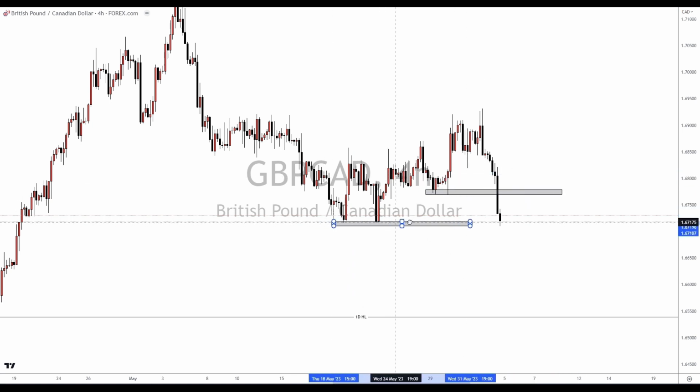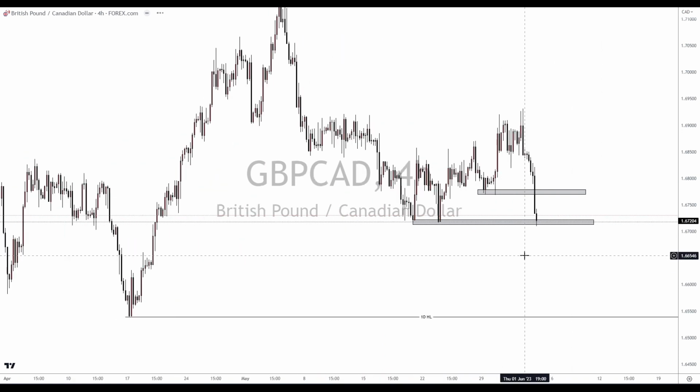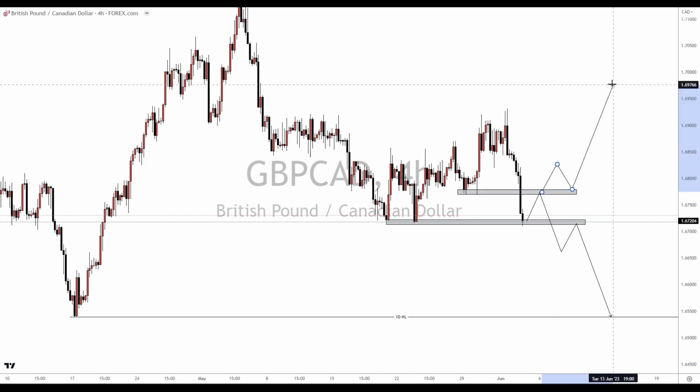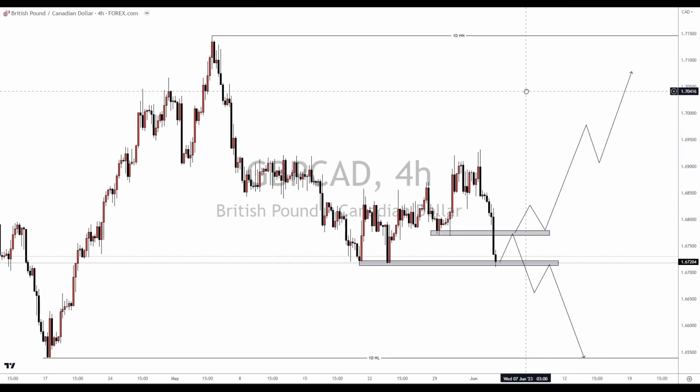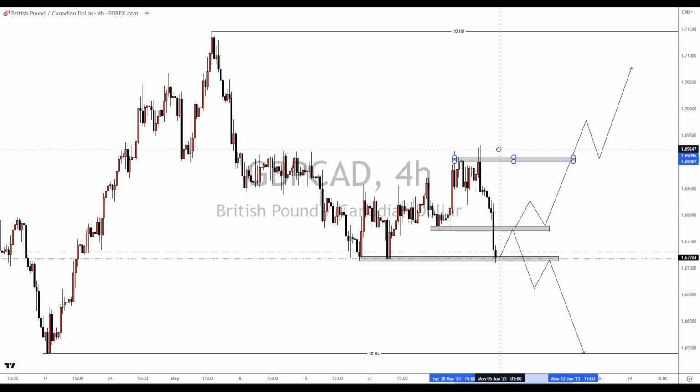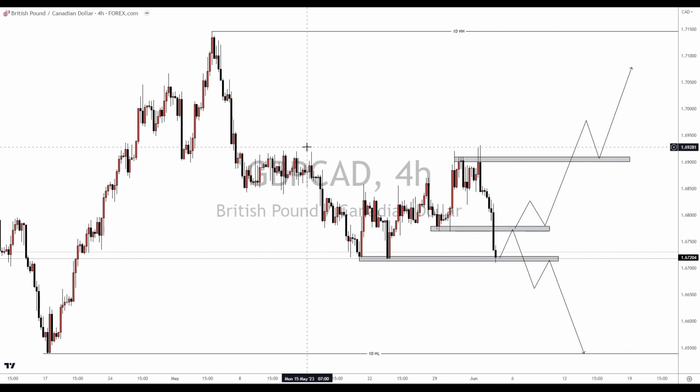Either price reacts to it before it continues to the downside, or it breaks above and continues to the upside following the daily trend. So now it's a waiting game, which is patience.